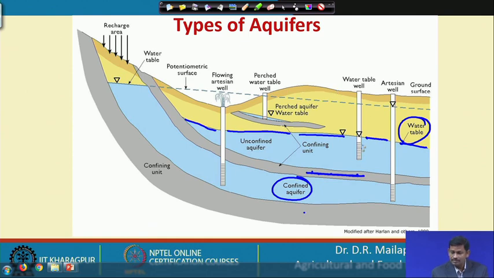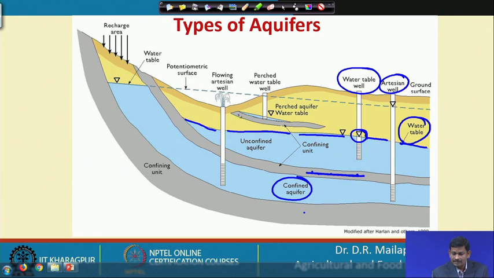If you drill a hole at this point, the water level seen is called a water table well, or phreatic well. This is the artesian well, since it is connected to the confined aquifer. This is a phreatic well, since it is connected to the unconfined aquifer.